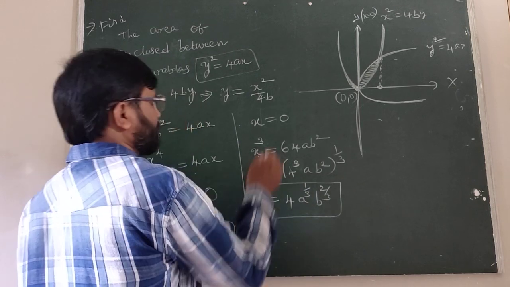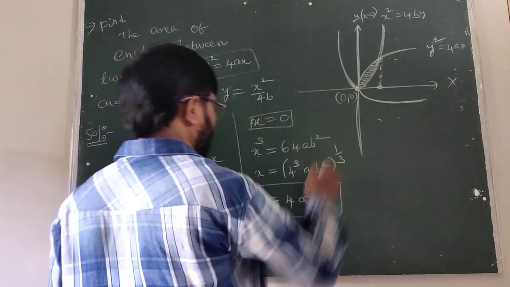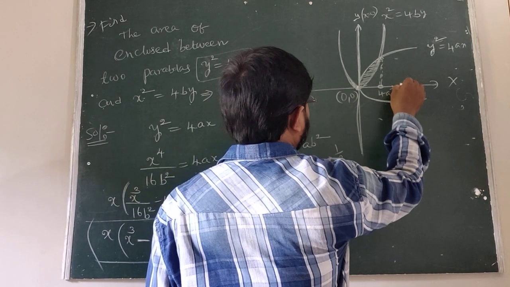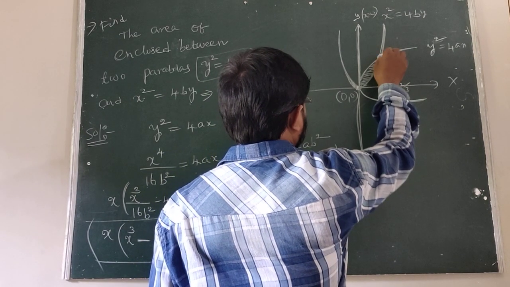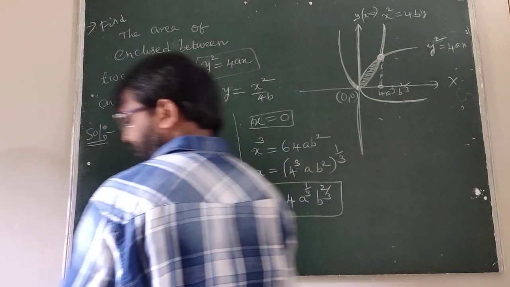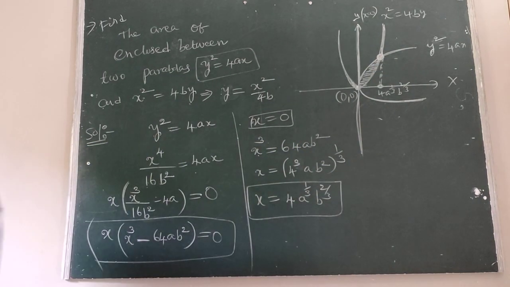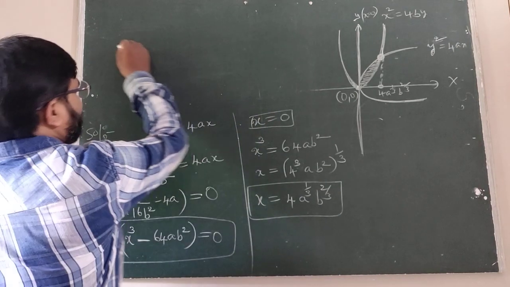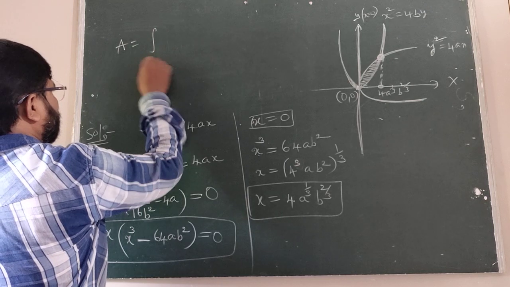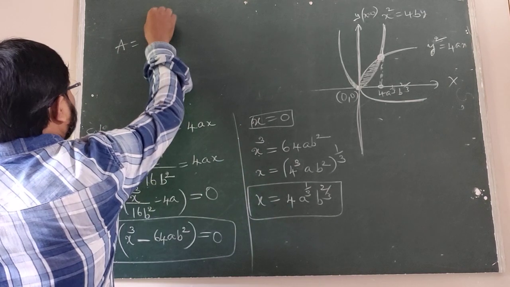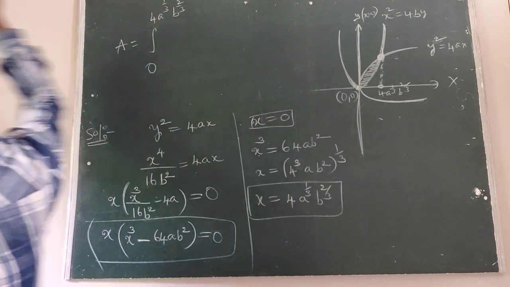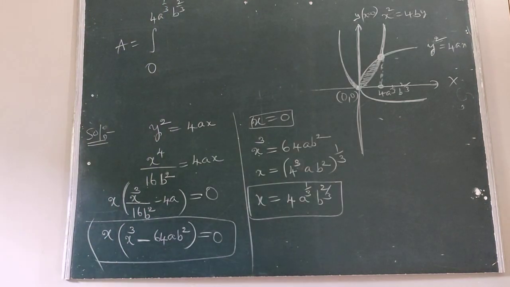This is the other boundary. Now the limits for the required area are 0 to 4 a power 1 by 3, b power 2 by 3.